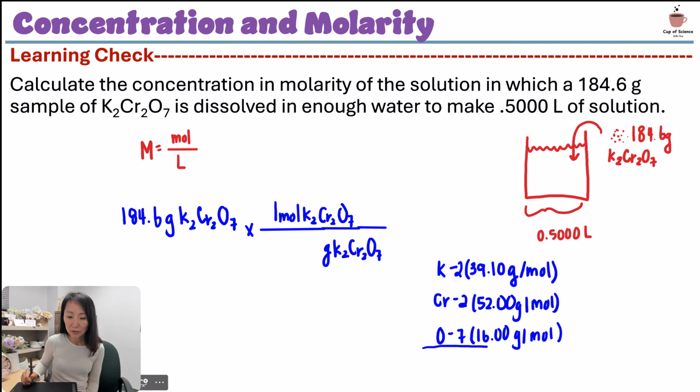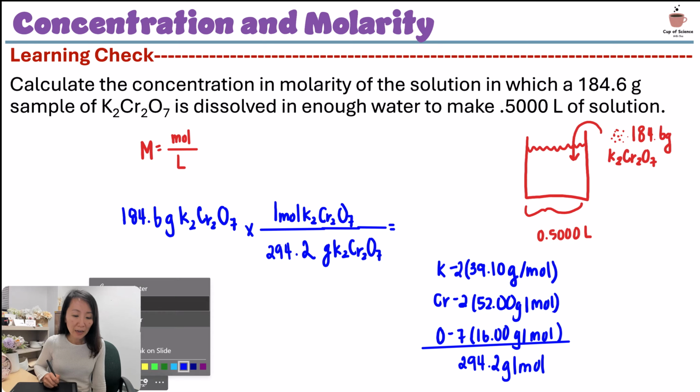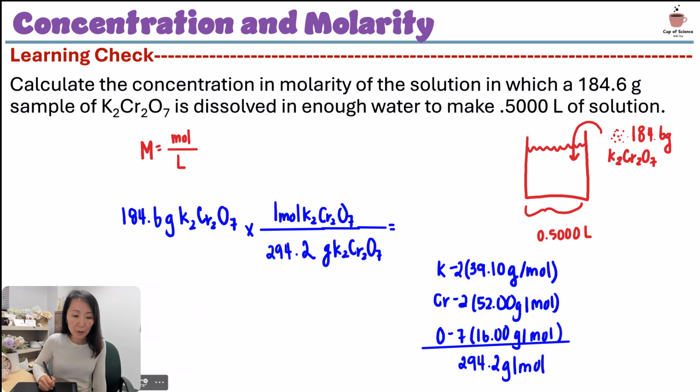So go ahead and you try it and see if you could come up with a value. I got 294.2 grams of potassium dichromate. Now, having this, we can definitely cancel out the grams here, and we'll be left with moles.